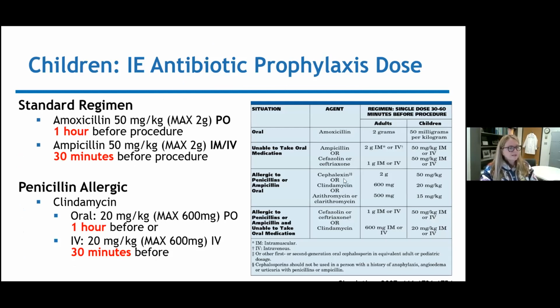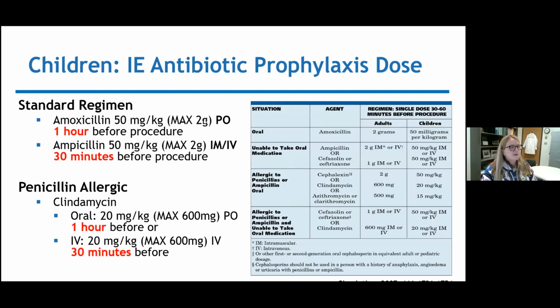These are the guidelines for antibiotics. The standard regimen is amoxicillin, 50 milligrams per kilo. If you're giving it orally to the child, it has to be given 1 hour before the procedure. If the child is in the hospital and you're doing their dental work under general anesthesia, they get it IV, and it's 30 minutes before the procedure.